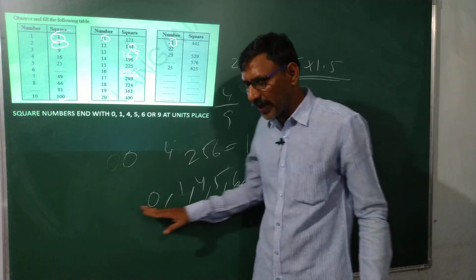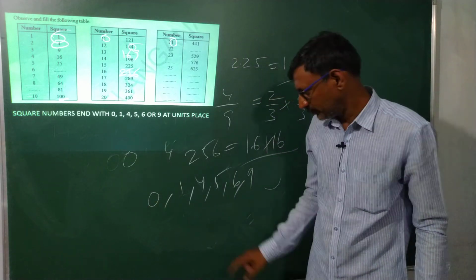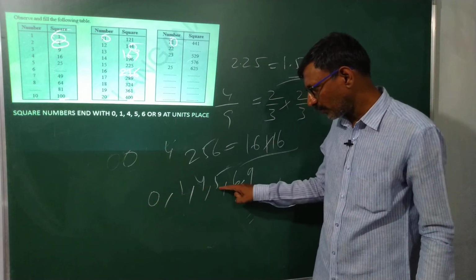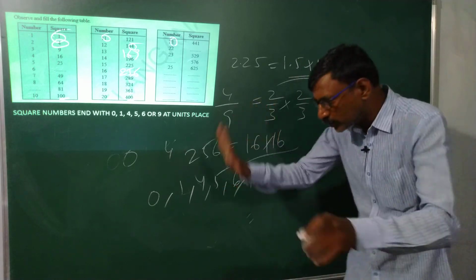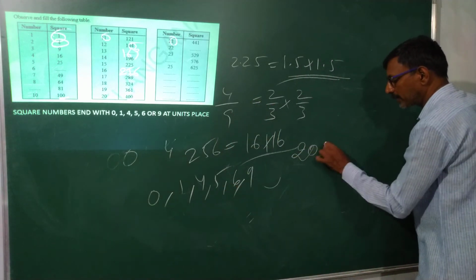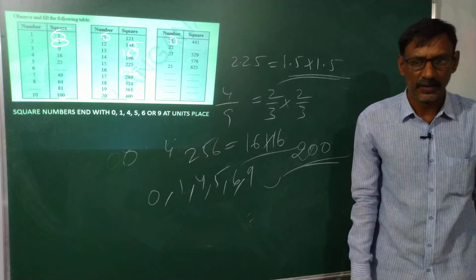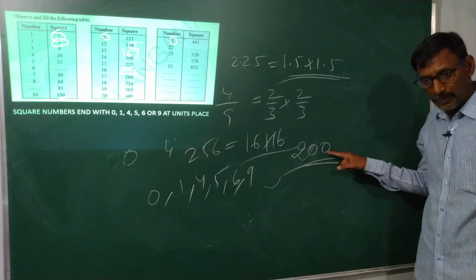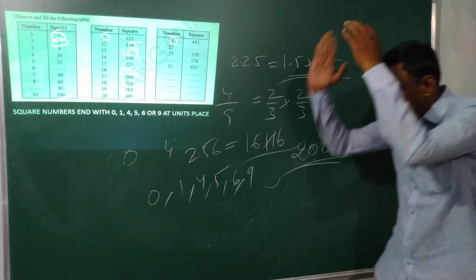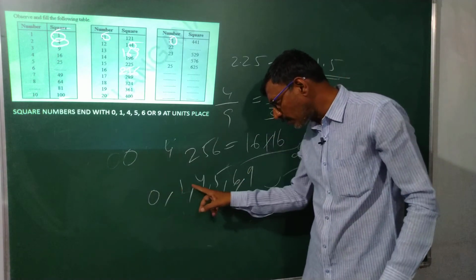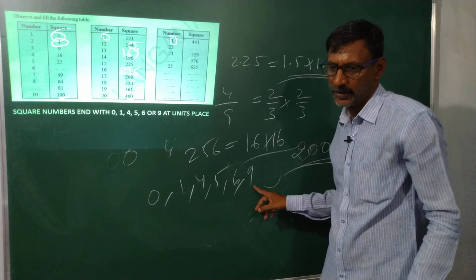So every square number ends with 0, 1, 4, 5, 6 or 9. Suppose I have 200, it is not a square number, but it ends with 0.